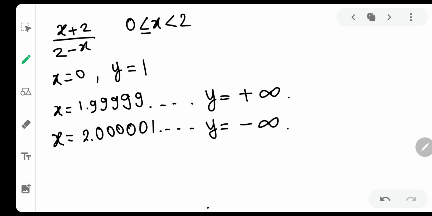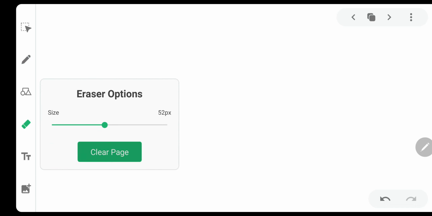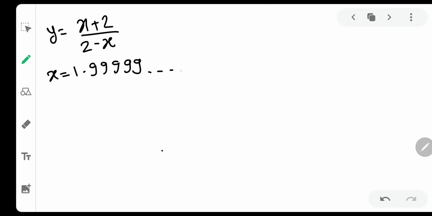Very good. So what we will do, let us consider y is equal to x plus 2 upon 2 minus x. Let us consider a value which is just little to the LHS of 2, which is 1.99999 dot dot dot. So you can see that the numerator will be decently 2 plus 1.999, which is decently 4, 3.99, and the denominator, which is very important, 2 minus 1.999, which will be a very small number, very close to 0.